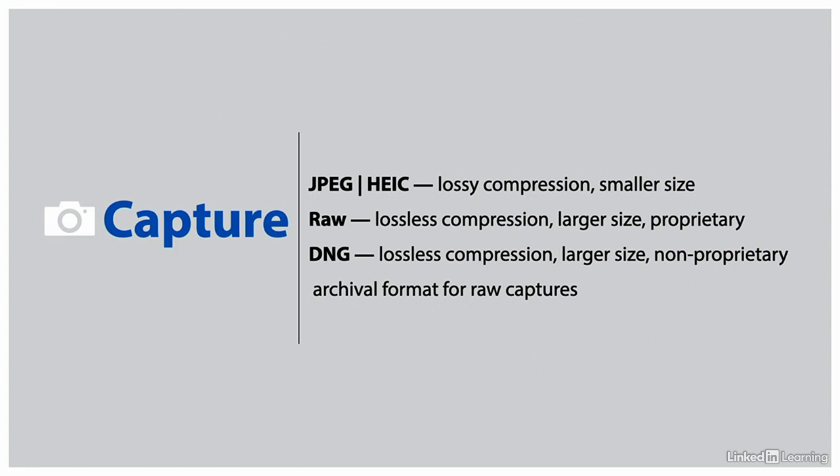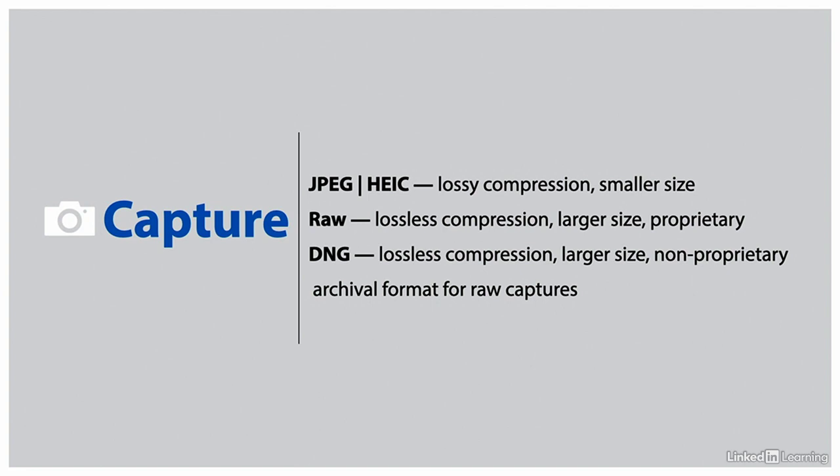However, the reason that the files are so small is because those formats throw away information using a process called lossy compression. Depending on the amount of compression, which we don't always have control over, the quality of the photograph can range from very high, where it's often difficult to even tell that the file's compressed, to very low, where the compression artifacts like banding between colors or large blocks of color start to become really noticeable.